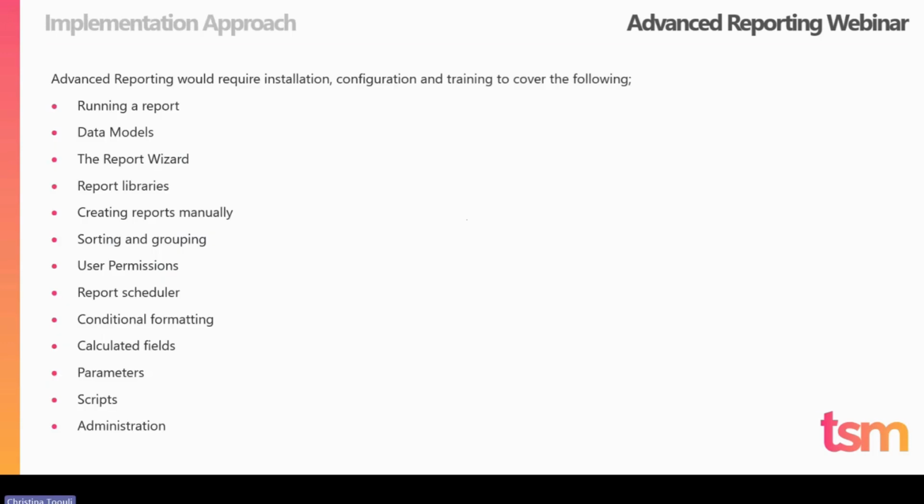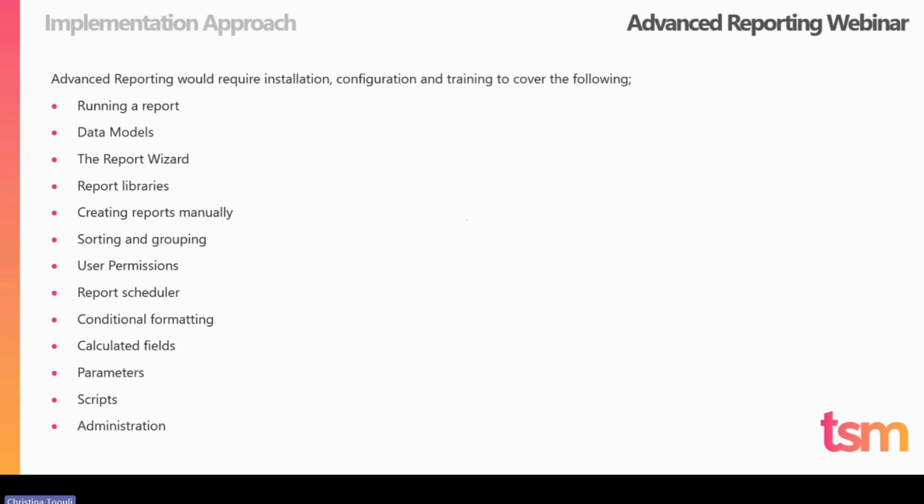Okay, how do you actually get started with advanced reporting? So obviously, yes, you will be licensed for it. If you have questions in relation to licensing, then please reach out to Sarah and Louise, the account managers, who can provide you with more information in relation to licensing for the module. It is included as a standard module, but because it's been developed recently, I would say, it does require an install.